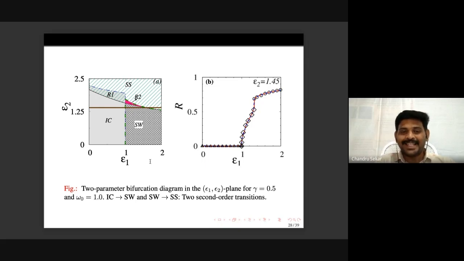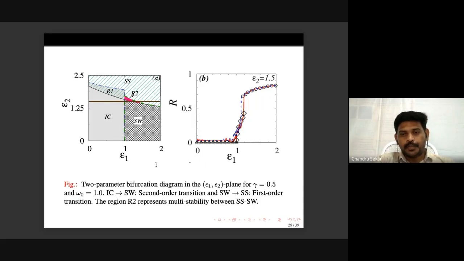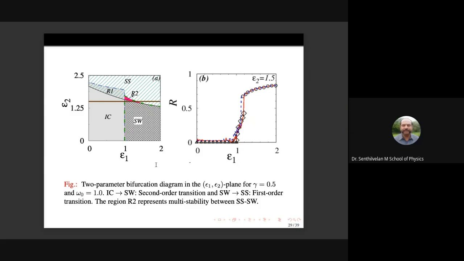And further increasing the value of epsilon 2, we have observed an interesting result. We have one first order and one second order transition. We have a transition from the incoherent state to the standing wave state through a second order transition, but the transition from standing wave to synchronized state happens through a first order transition.